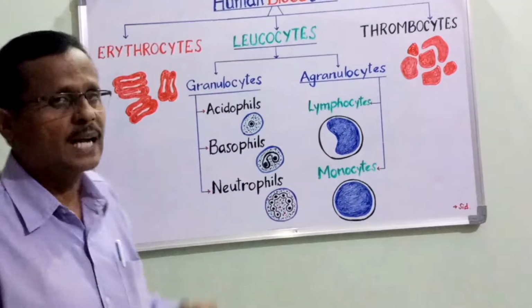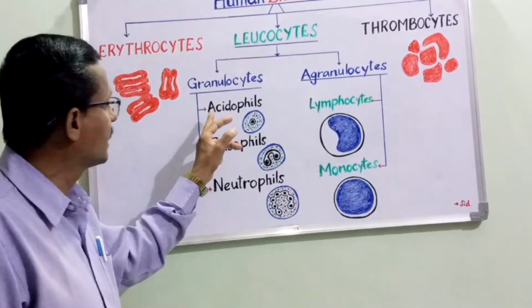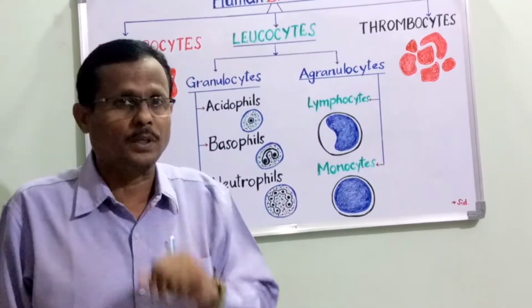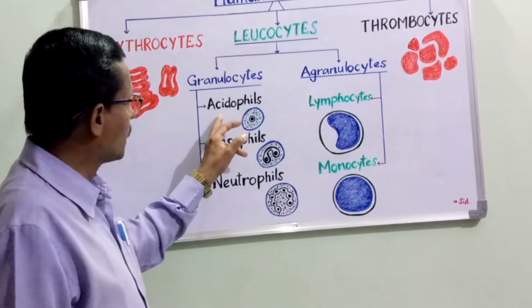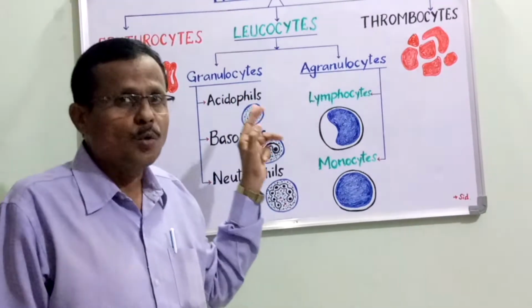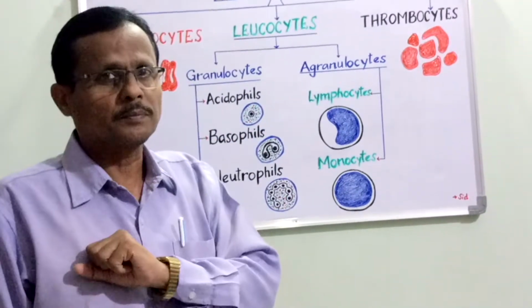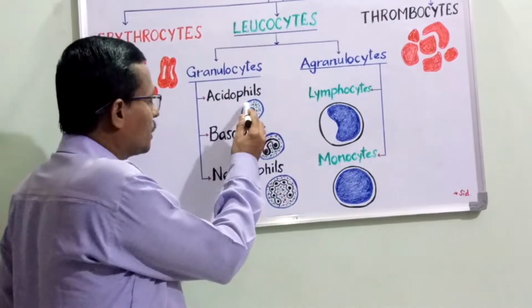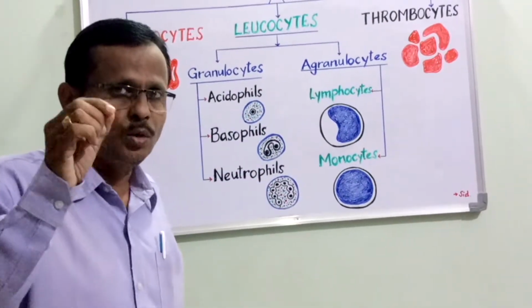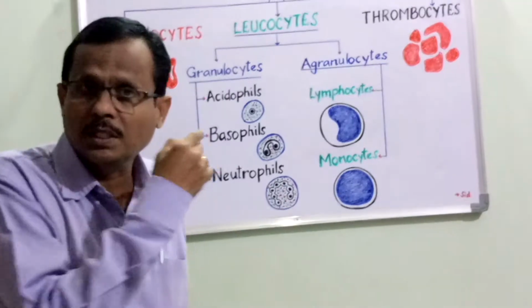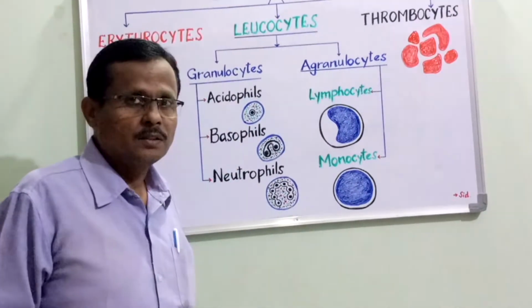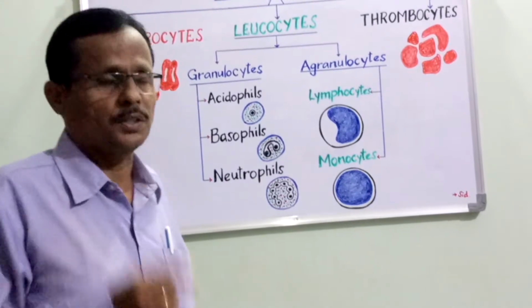The first one is acidophils, also called eosinophils. Acidophils are roughly rounded or circular in shape. They bear a prominent nucleus. Along with that, you find small granules inside the cytoplasm of these acidophils. The nucleus is single, so it bears only one nucleus.